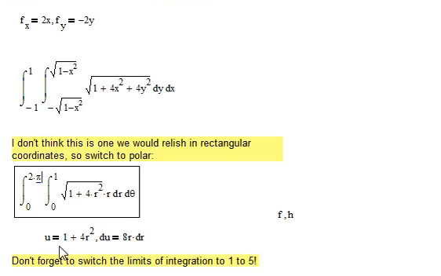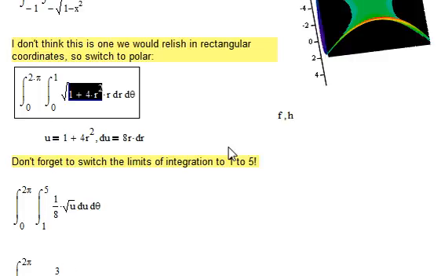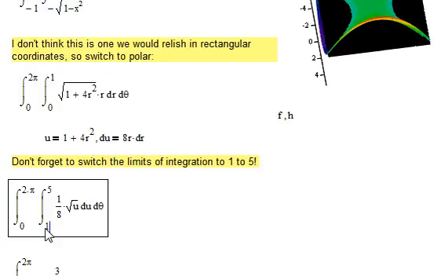So if we make the u substitution, let u equal 1 plus 4r squared, of course du is 8r dr, so therefore we can switch our limits of integration around. If u equals 1 plus 4r squared and r is 0, then u would be 1. If r is 1, then u would be 5.